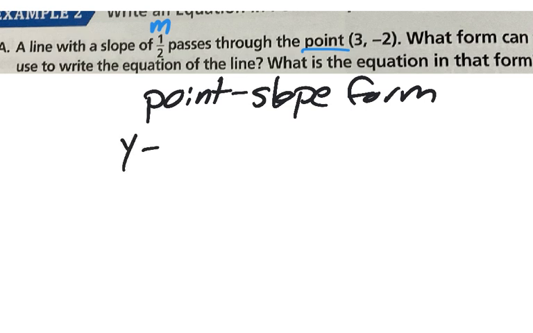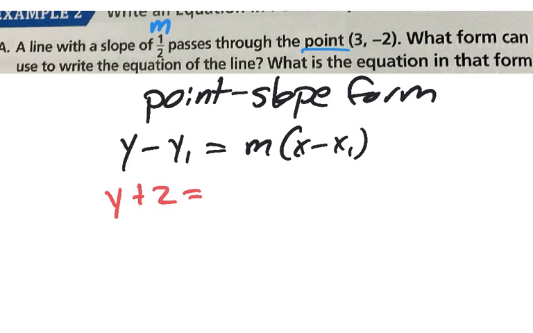So point-slope form again is y minus y1 equals m times x minus x1. And I'm just going to substitute in. So this gives me y minus y1. y1 is -2. So minus -2 is plus 2 equals m, which was 1/2, times x minus x1, which is 3.